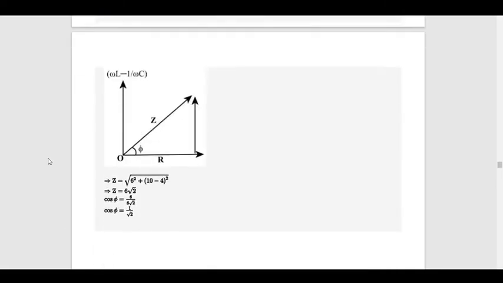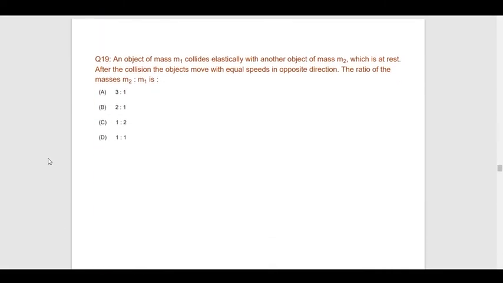So moving to the next question, which says that an object of mass m1 collides elastically with another object of mass m2, which is at rest. After collision, the objects move with equal speeds in opposite direction. The ratio of masses m2 to m1 is. Okay.